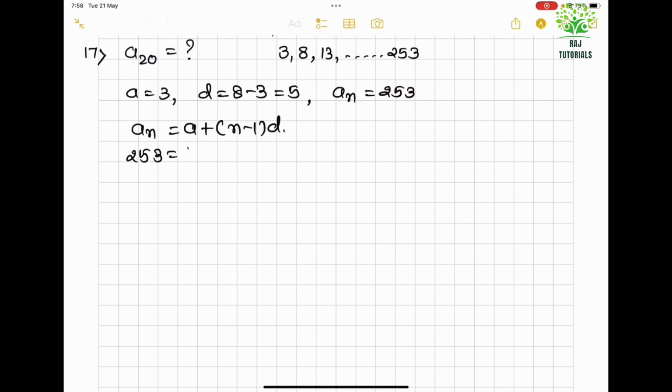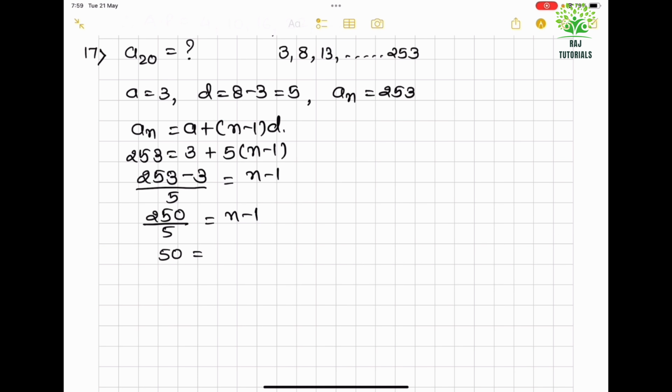So 253 equal to 3 plus 5 into n minus 1. So n value will be 253 minus 3 divided by 5. So 250 upon 5 equal to n minus 1. So 50 will be equal to n minus 1. So n equal to 51 term.